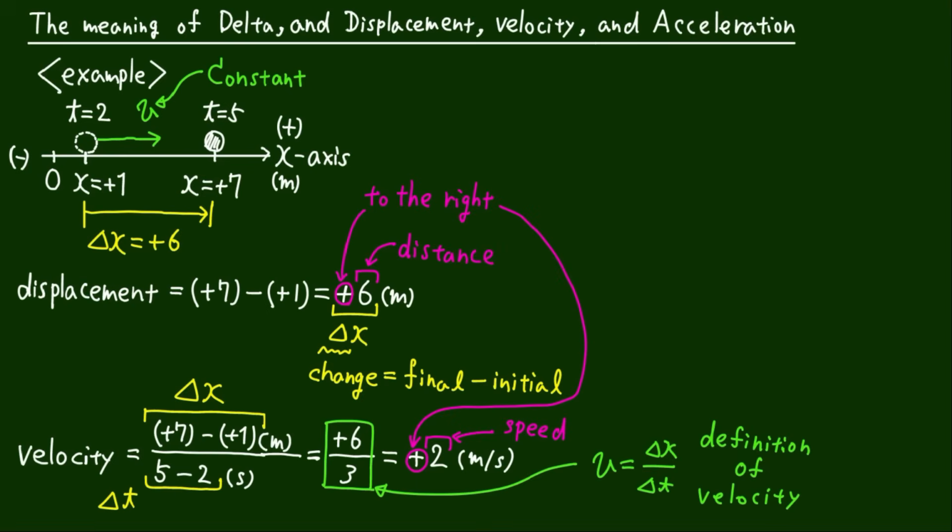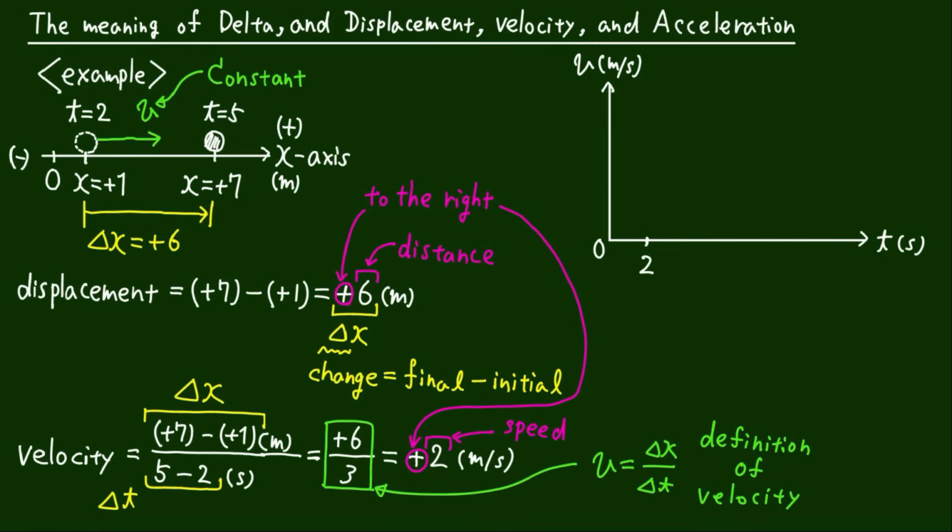I would like to try calculating this distance using a slightly more sophisticated method. For this purpose, we will first use a graph. The graph we are going to use is called a VT graph. It is a graph with velocity on the vertical axis and time on the horizontal axis. So how would this uniform linear motion be represented on this VT graph?